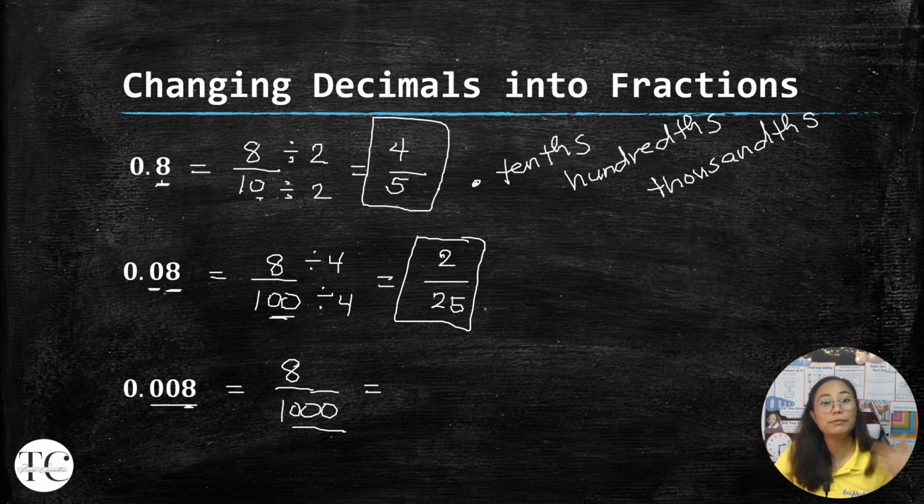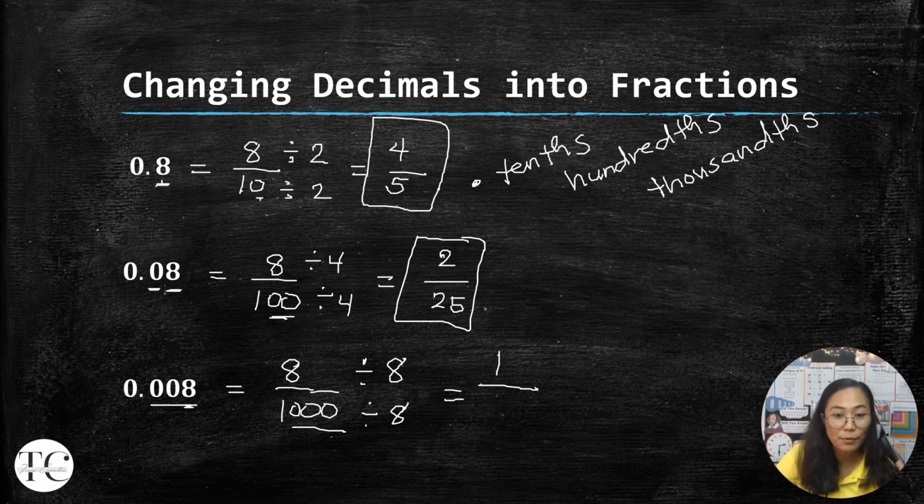All right, so we will have to simplify this. Okay, so what is the biggest number we can divide both the 8 and the 1,000? Yes, so both of them can be divided by 8. Okay, so dividing both of them by 8, we have here 8 divided by 8 is 1, and 1,000 divided by 8 is 125.